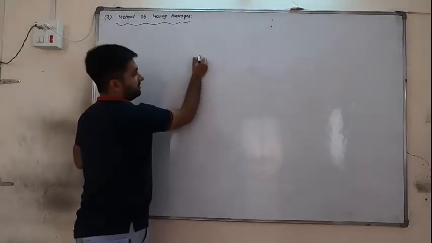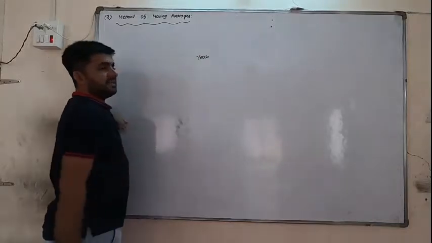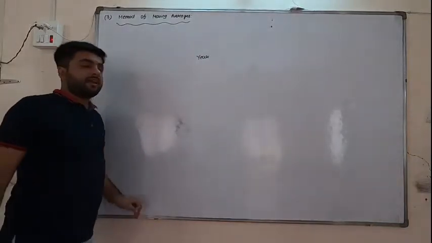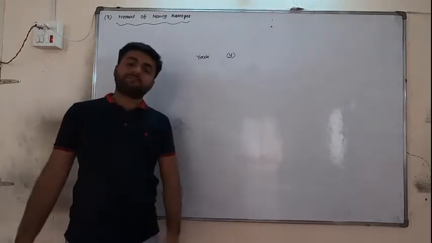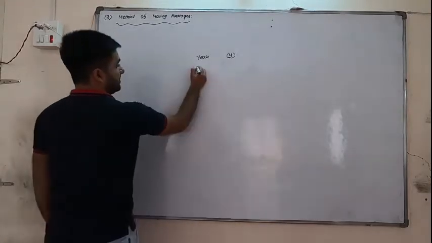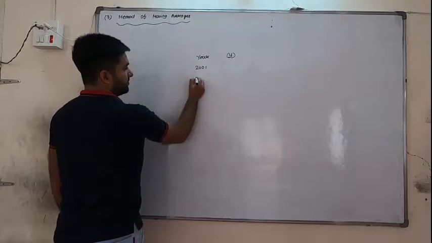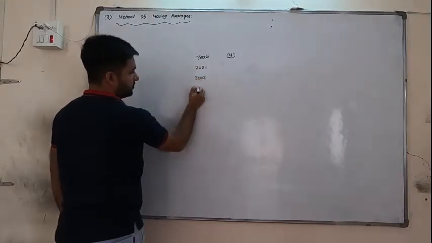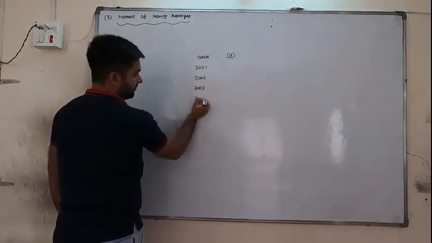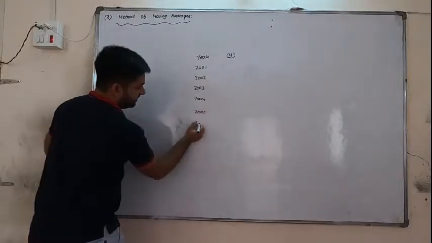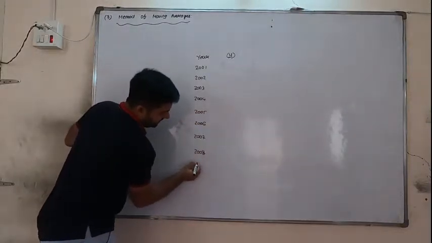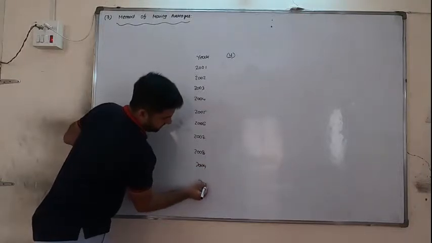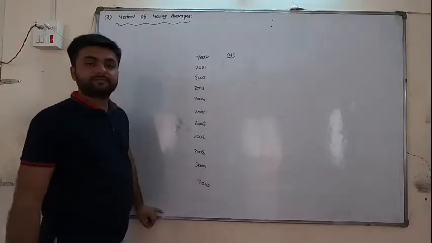Suppose in the question yearly data is given, and on that basis some column of y is given. Suppose we have the years 2001, 2, 3, 4, 5, 6, 7, 8, 9, 10.